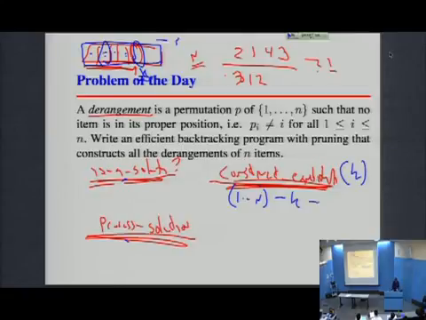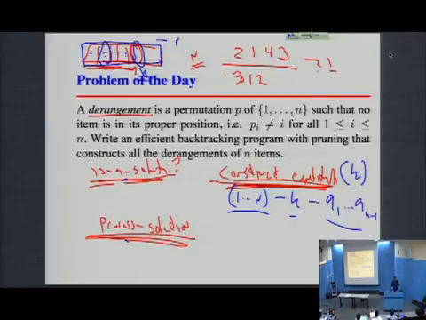And minus a_1 through a_(k-1). This says that the candidates for the kth spot are all the integers from 1 to n, less k, less anything I've used so far. Does everybody agree that those are the possible candidates for this spot?